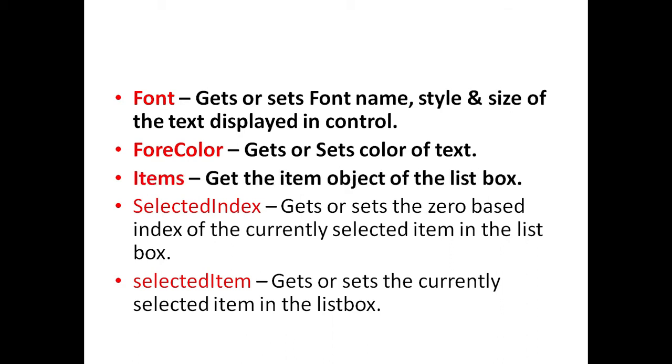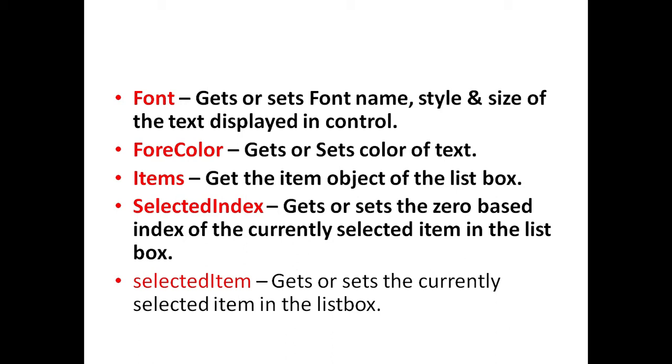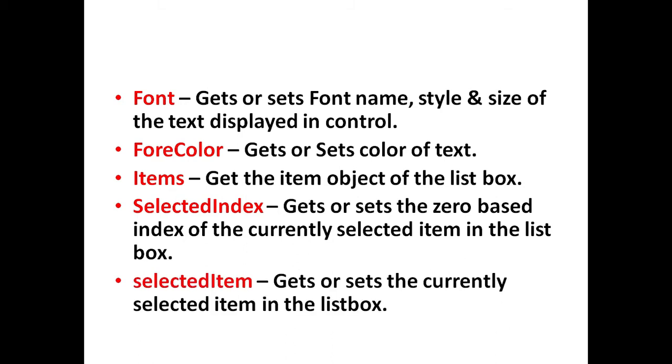The ForeColor property is used to get or set the color of text. The Items property is used to get the item object of the list box. You can insert records in the list box using the Items property, or you can get the selected items from the list box using the Items property. The SelectedIndex property is used to get or set the zero-based index of the currently selected item in the list box.